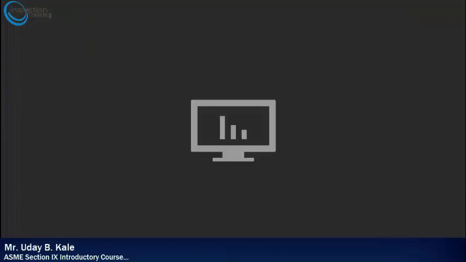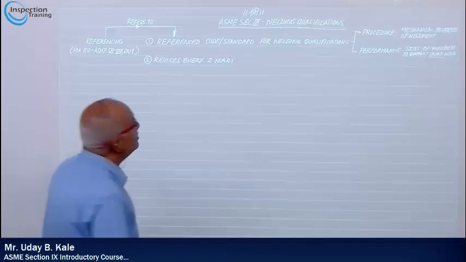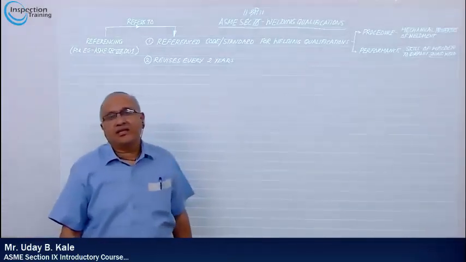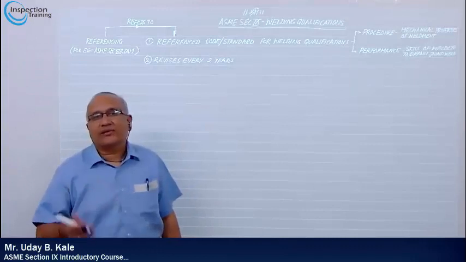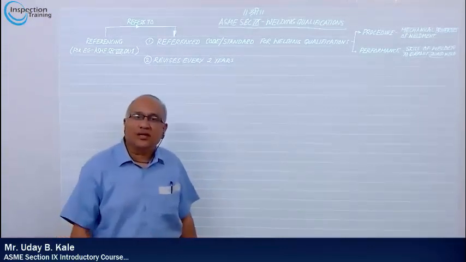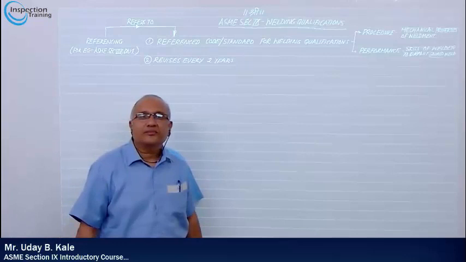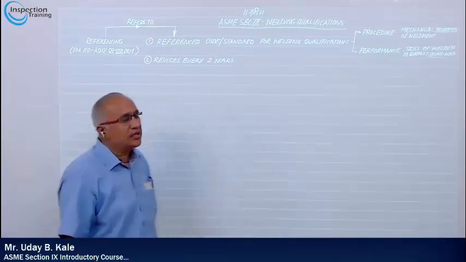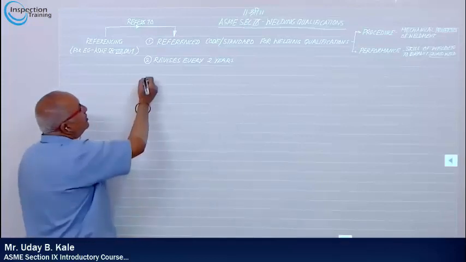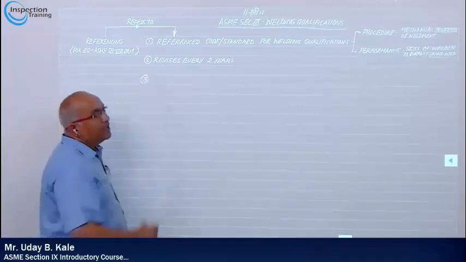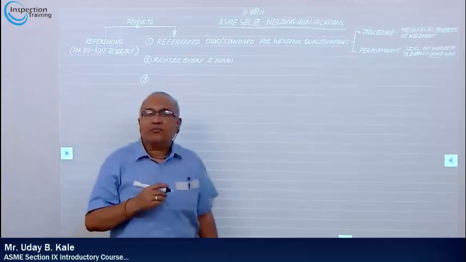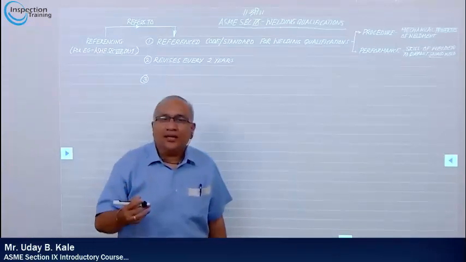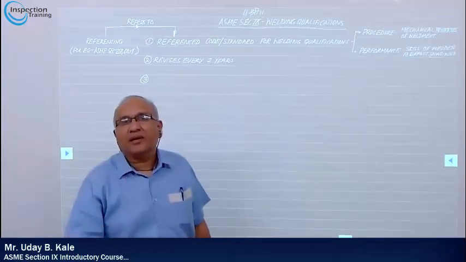So every 2 years means the next revision is 2021, July. So already it has come. So it revises every 2 years. If it gets published on 1st of July 2019, when does it become effective?